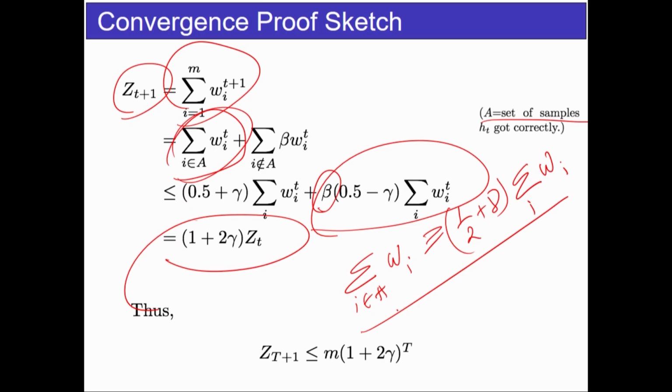That means that in every iteration, your Z_{t+1} does not grow by more than a factor of 1 plus 2 gamma. So if at iteration t Z_t was 10, then at iteration t+1 Z_{t+1} can be at most (1 plus 2 gamma) times 10.